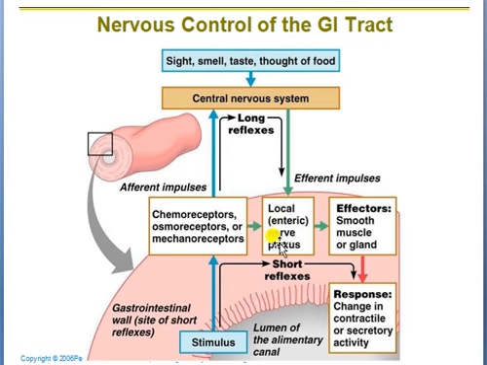Those nerves are enteric, meaning intestinal nerves. So intestinal nerves are stimulated, then automatically release acetylcholine, then automatically smooth muscles will be contracted. If the acetylcholine reaches the gland, it will secrete. So then automatically there is a change in contractility and secretory activity. This is how the nervous control of the GI tract works.